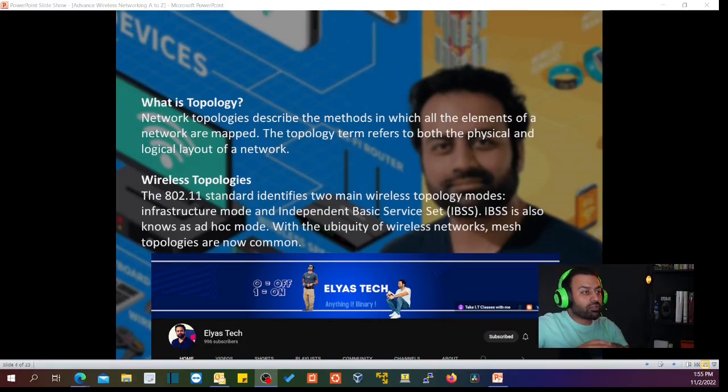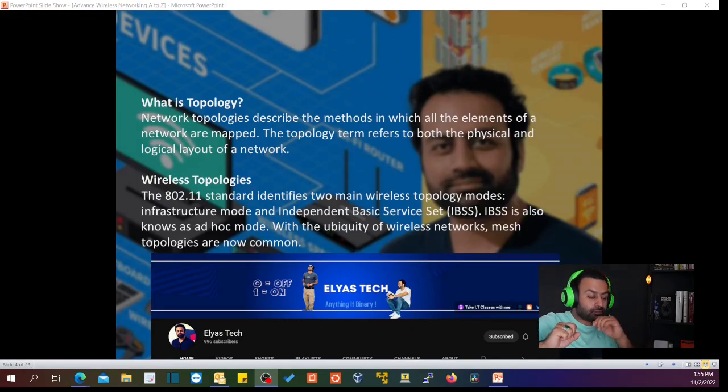Network topology describes the method in which all the elements of the network are mapped. The topology term refers to both the physical and logical layout of a network. So the physical and the logical layout of a network is called topology.